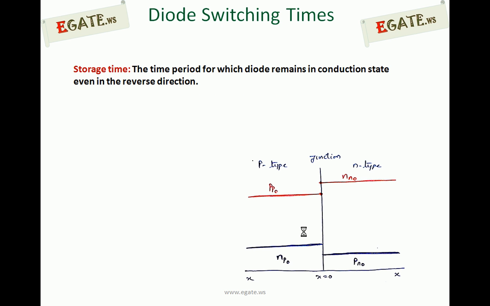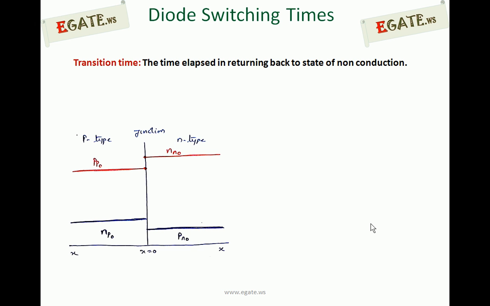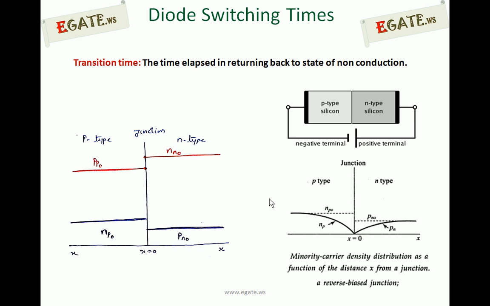Storage time is the time period for which the diode remains in conduction state even in the reverse direction. That is the time required to remove the excess minority carrier charge. Next, transition time is the time elapsed in returning to the state of non-conduction. From this state it has to come towards steady state reverse bias, and how much time it requires for that is called transition time.